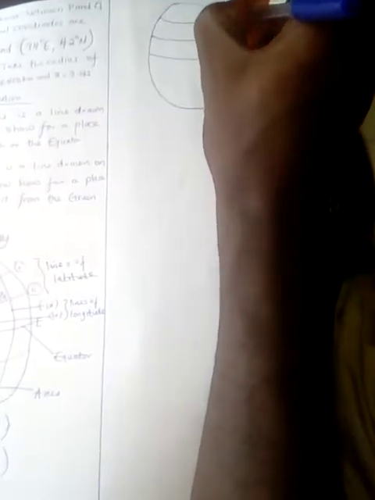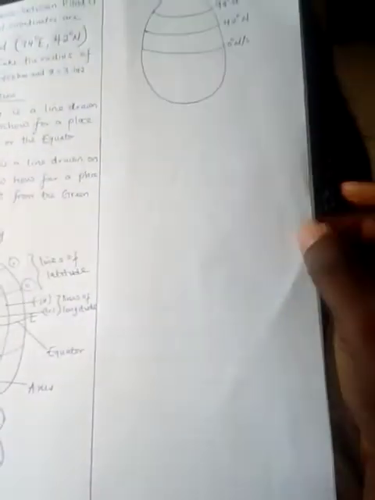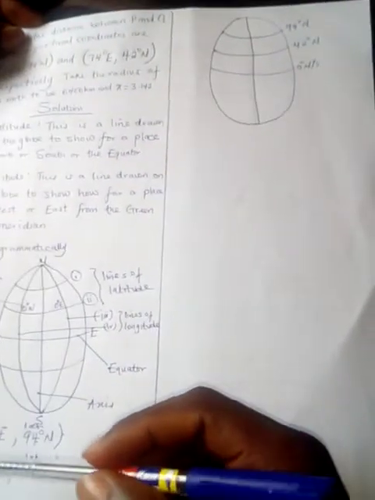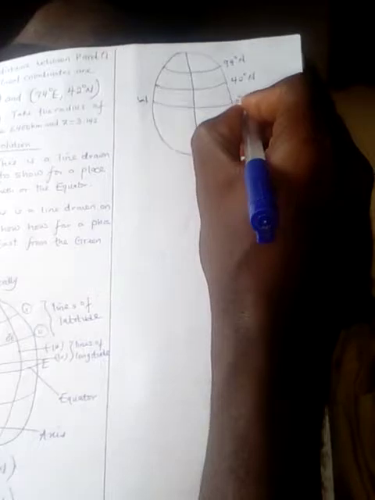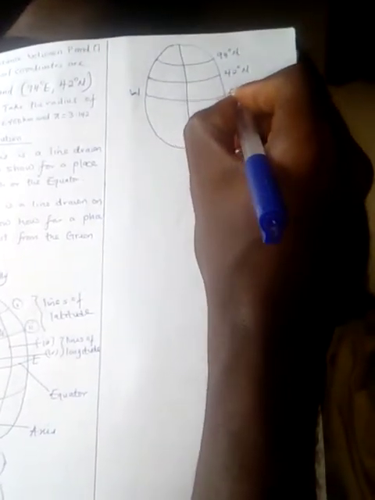So I will have something like this, 94 degrees north. Now this is the axis. For the longitude line, I have 74 degrees east. Don't forget, this is west and this is east, and this is north and this is south.